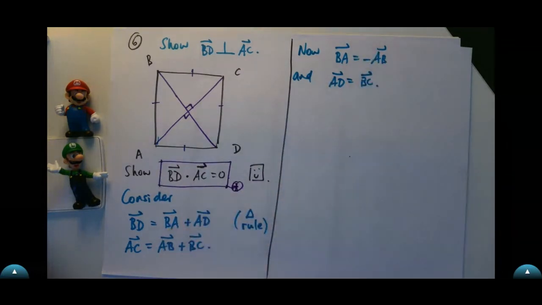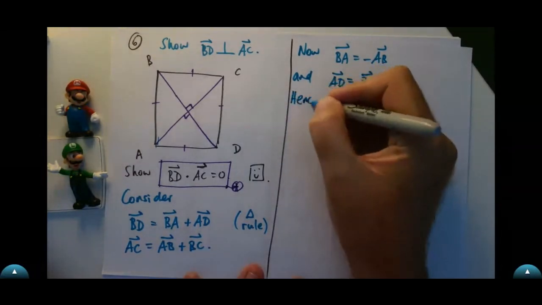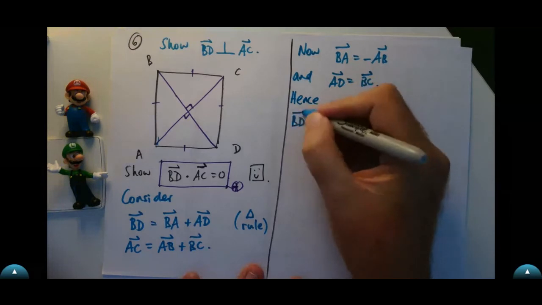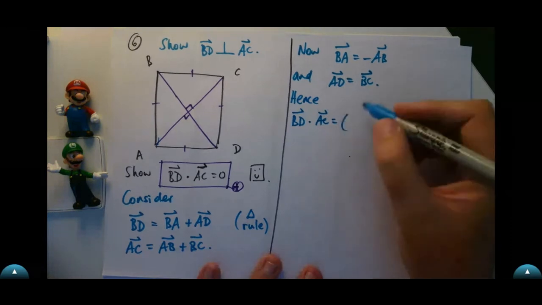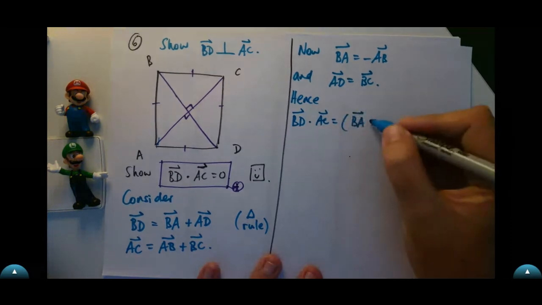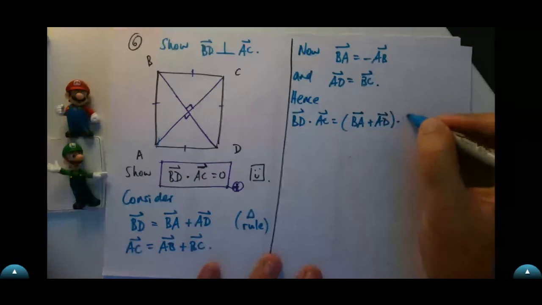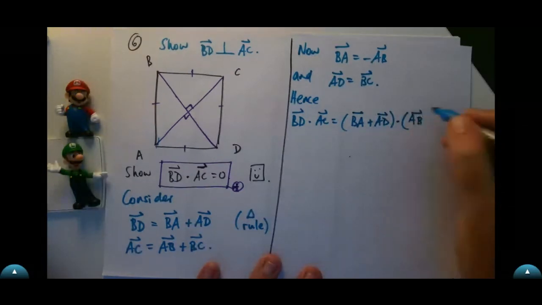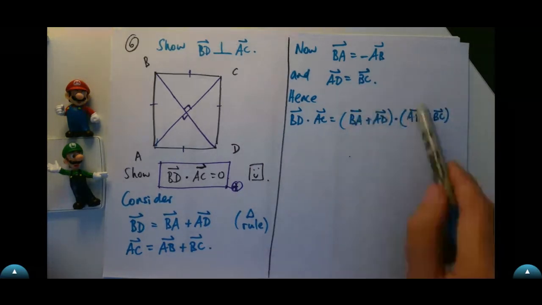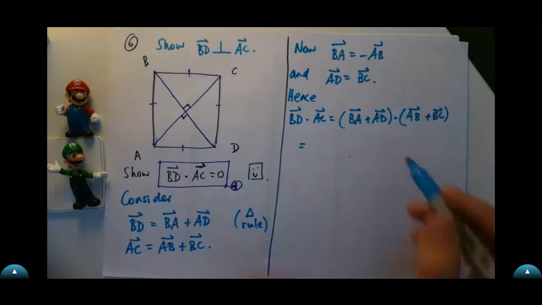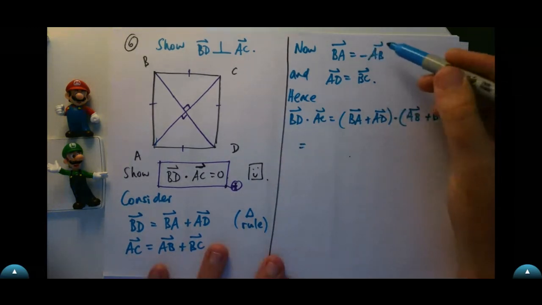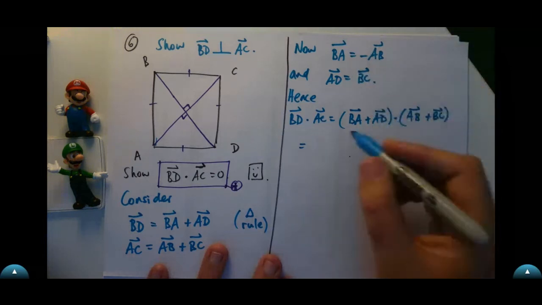And we'll use this information and this information to solve the problem. Okay. Now you could distribute this. The dot product you can distribute like you normally would with regular multiplication. But before I do that, I'm just going to change this a little bit.